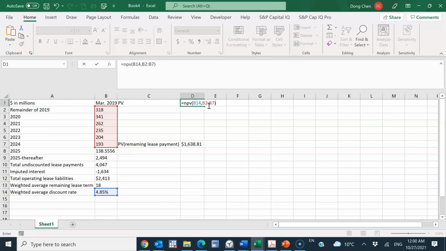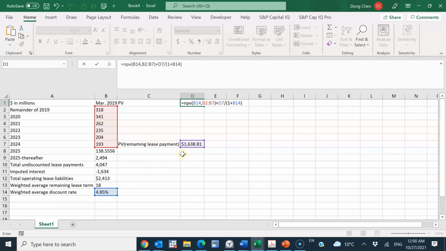But remember, this is only calculating the present value of these 6 payments, and we're still left out of this final terminal lease payment. But we can simply do that manually because we can simply discount this, right? This is D7 over 1 plus the discount rate.